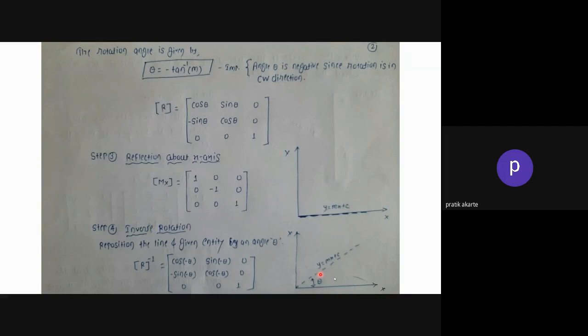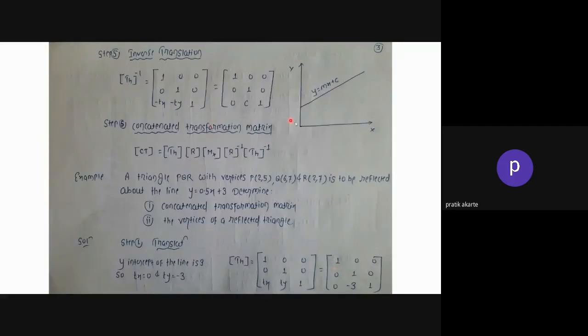So we are making it inverse rotation. The line is now rotated by the angle which we have found over here, and now the line is passing through the origin. And the last step is inverse translation. Since the line is now passing through the origin, we have to shift it to the y-intercept. So we make it minus tx, minus ty.